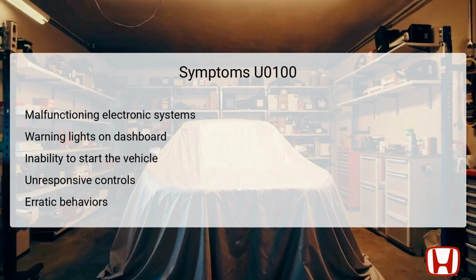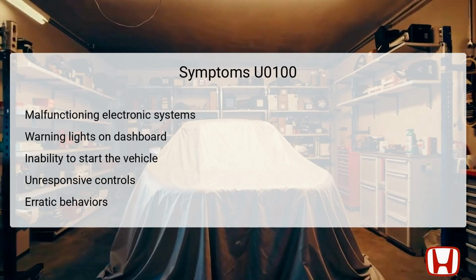Common indicators include malfunctioning electronic systems, such as windows, locks, and lights not operating as expected. Additionally, drivers may notice warning lights illuminated on the dashboard, signaling potential electrical problems. In some instances, the vehicle may fail to start, indicating that the necessary communication between modules is absent.